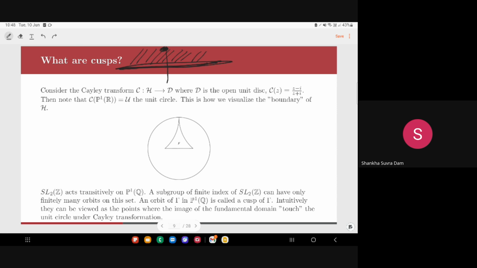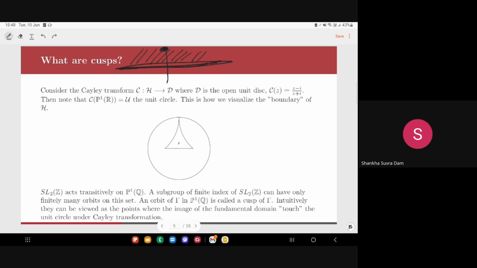Okay. So SL2(Z) actually acts transitively on the projective rationals. A subgroup of finite index of SL2(Z) can have only finitely many orbits on the set. An orbit of gamma in P1(Q) is called a cusp of gamma.